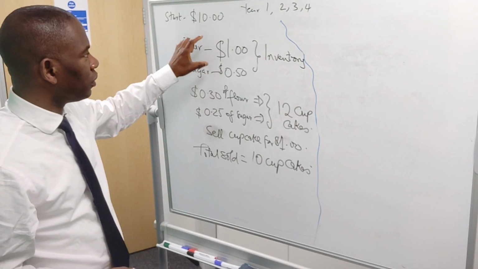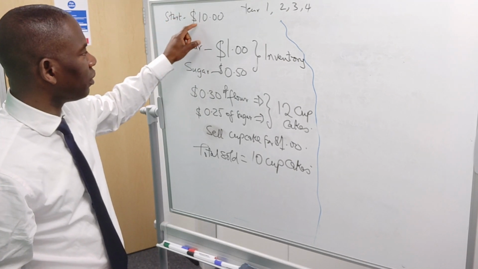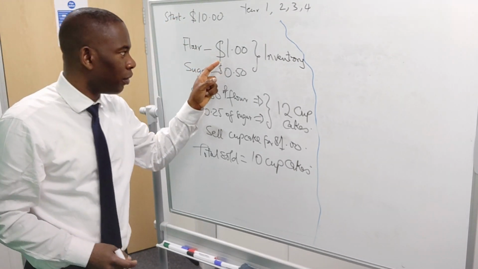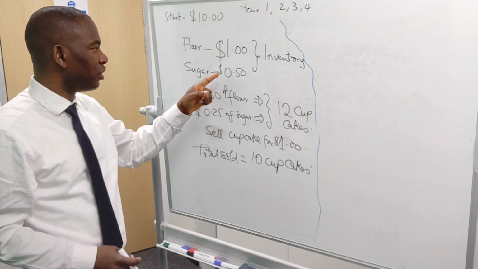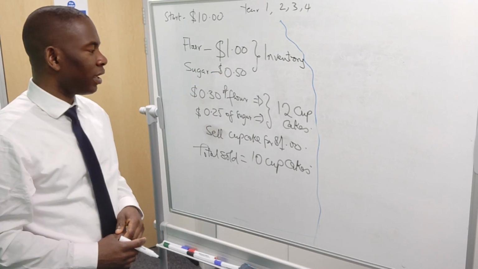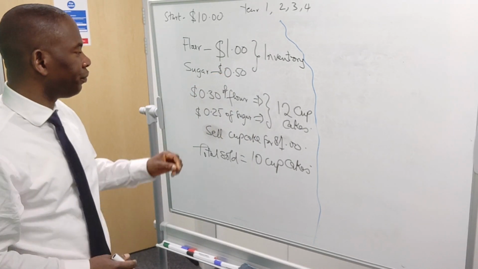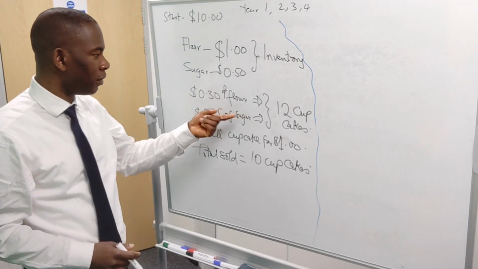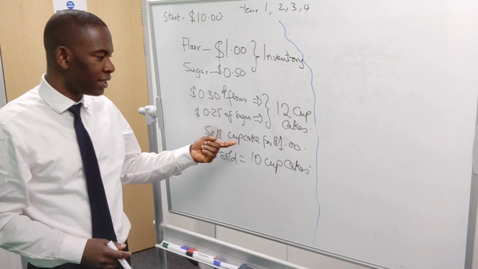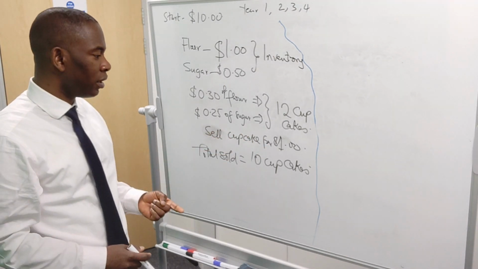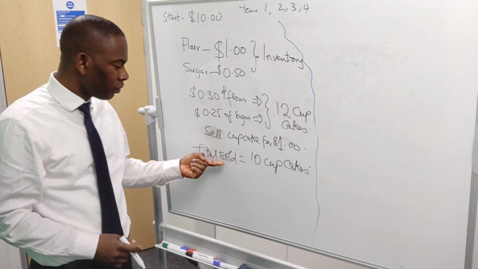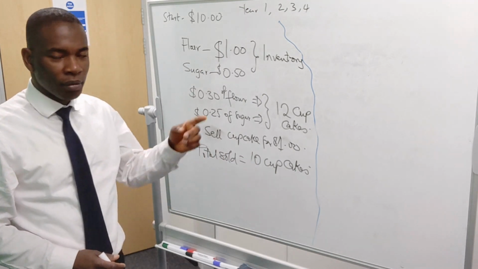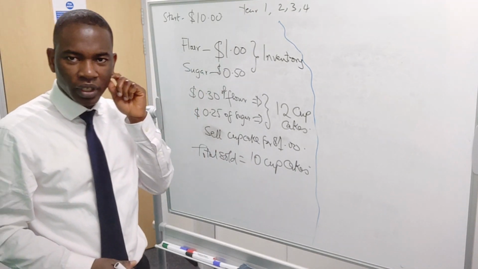Remember, we had $10 at the start, and we bought flour for $1, sugar for another 50 cents, of which we used some for making 12 cupcakes and selling each for $1. We sold 10, therefore we had a revenue of $10.